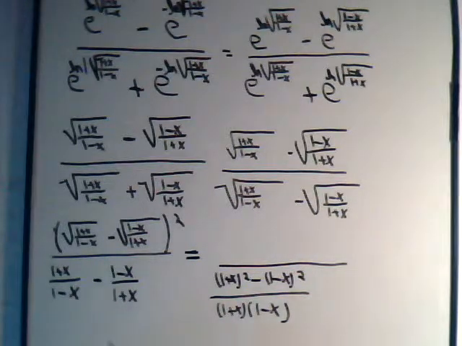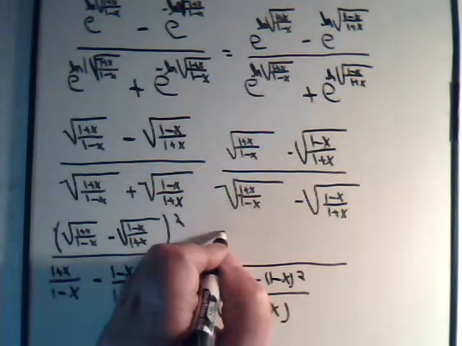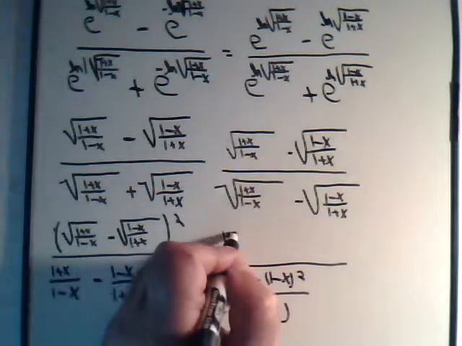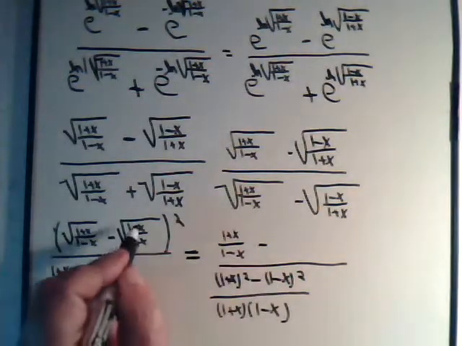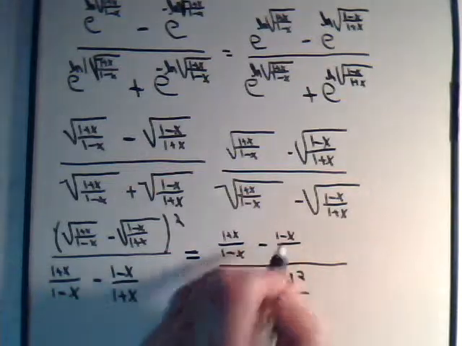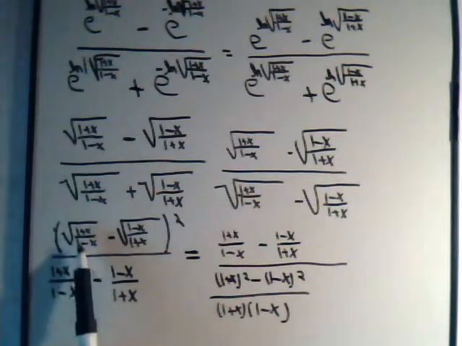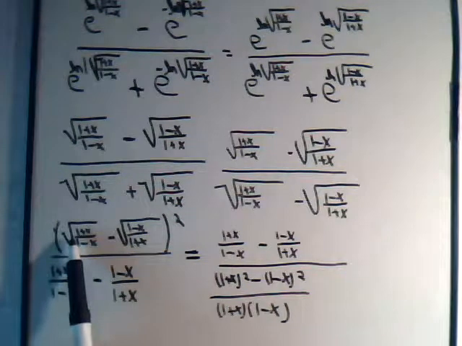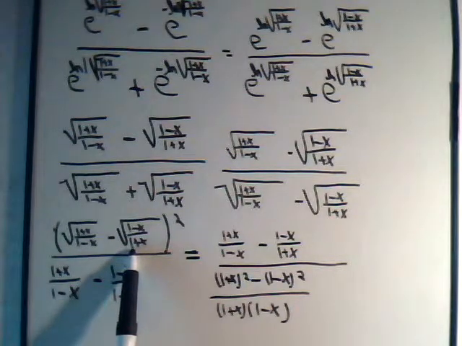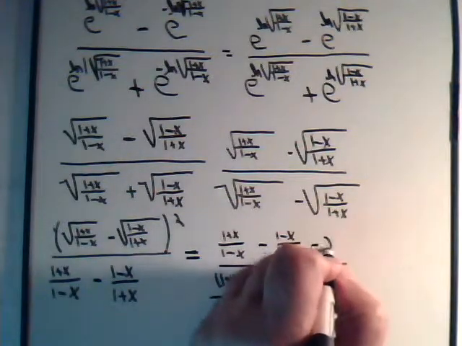Looks like we're going to have to deal with the numerator. If we square this out, that'll be this squared, which is 1 plus x divided by 1 minus x. This squared will be 1 minus x divided by 1 plus x. Then we take 2 times this times this. We can bring these inside the same square root sign, and look what we have: 1 plus x divided by 1 plus x is 1, and 1 minus x divided by that is 1. So this is just going to be minus 2.